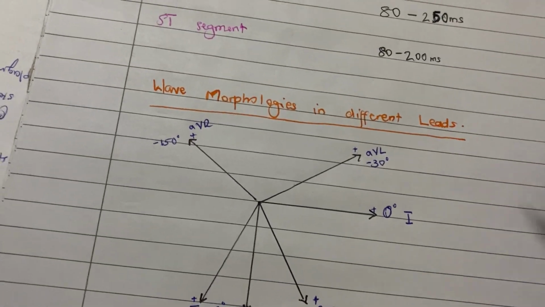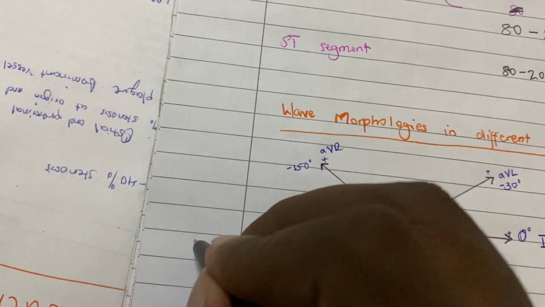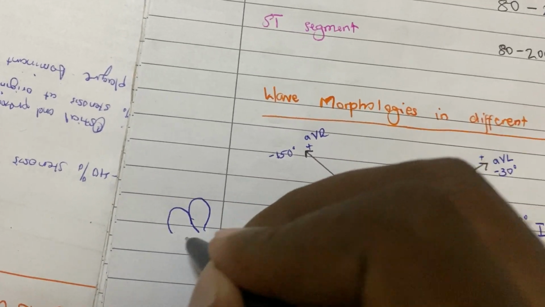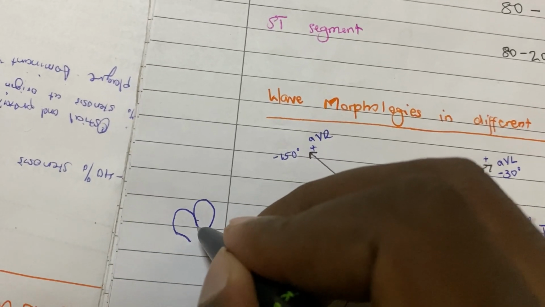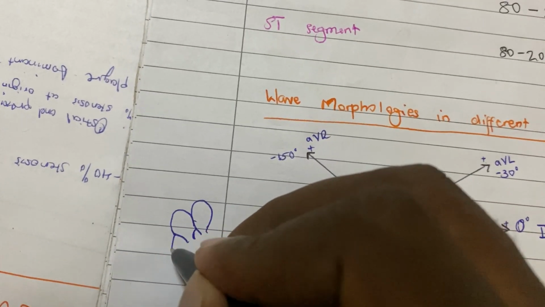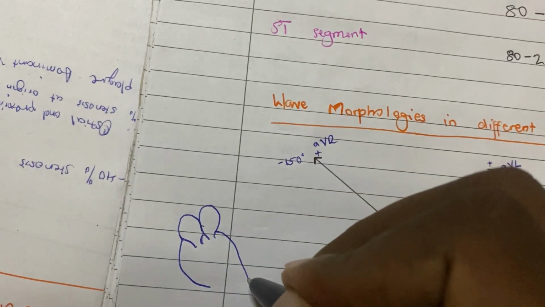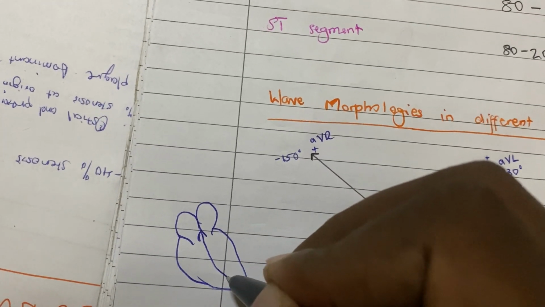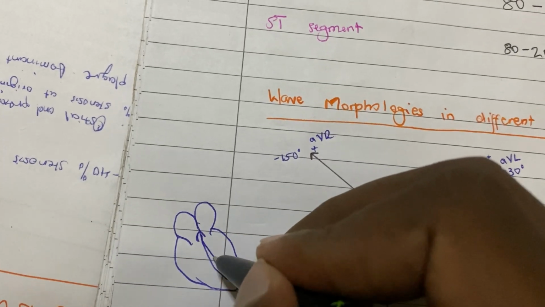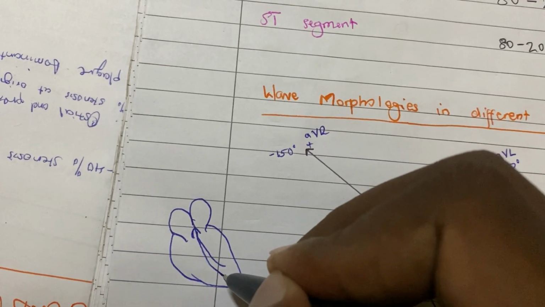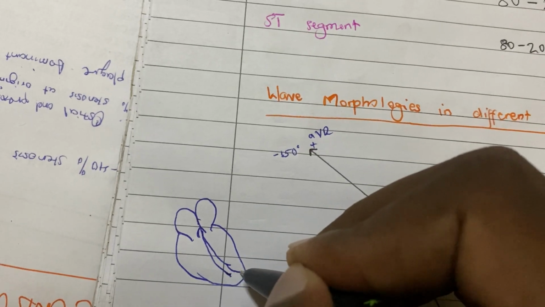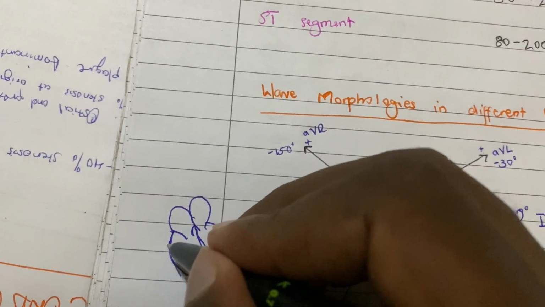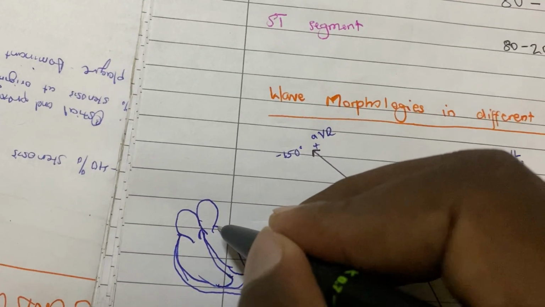If we try to draw a simple heart here, we have our simple heart like that.